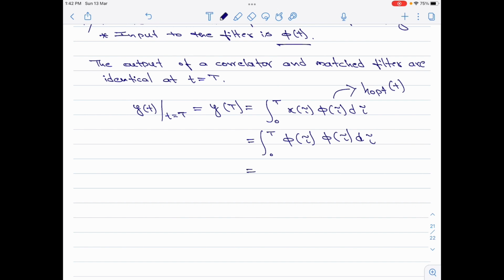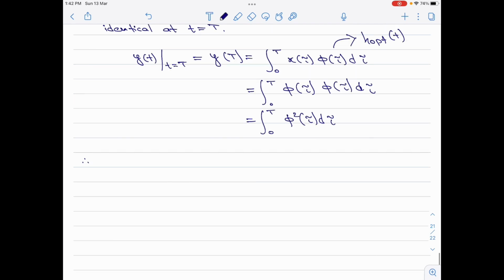So this expression now reduces to integral 0 to capital T phi square of tau d tau, which is nothing but the energy of the signal phi of t. So I can now say y of t at t equals capital T is equal to the energy of the signal phi of t.